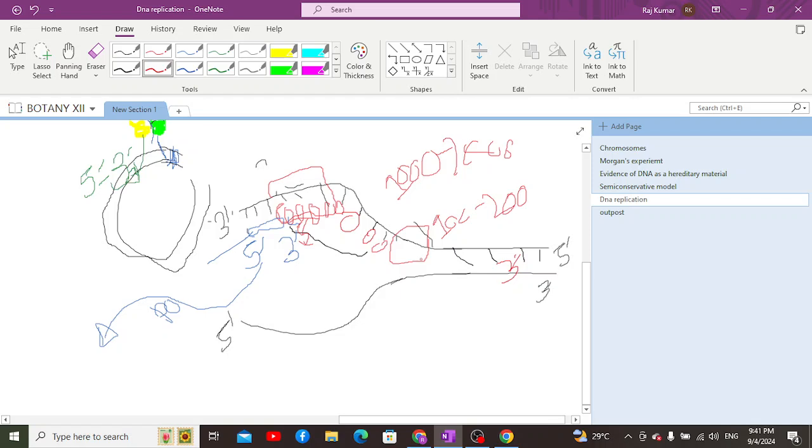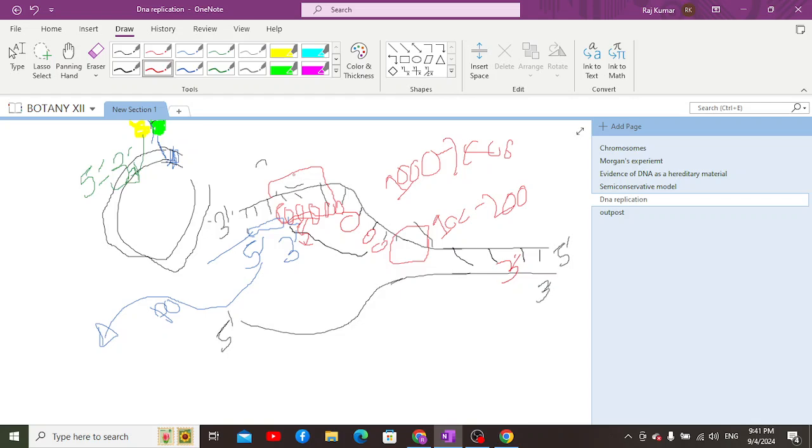Okay. So there's a question: why can't a single DNA polymerase 3 enzyme form the entire strand, without needing another DNA polymerase 3?